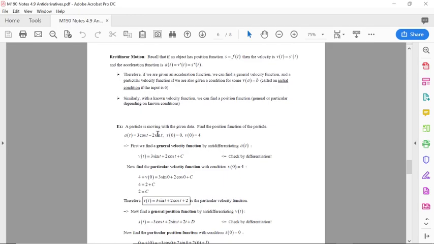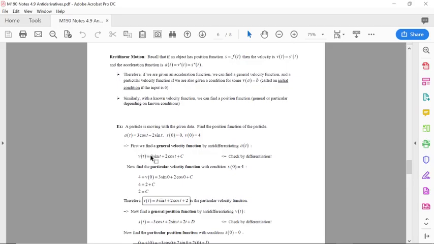Recall that the derivative of sine is cosine, but the derivative of cosine is negative sine. So when we check the derivative of our velocity function, that's where the negative is coming from. And the plus c is the arbitrary constant.